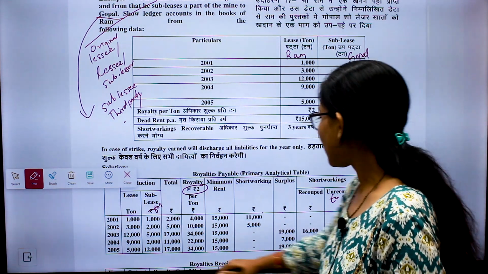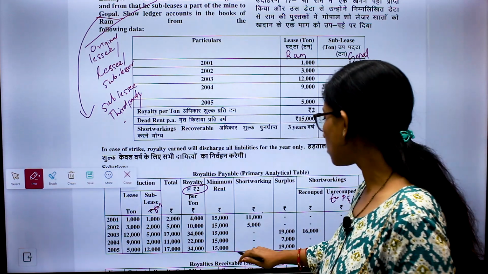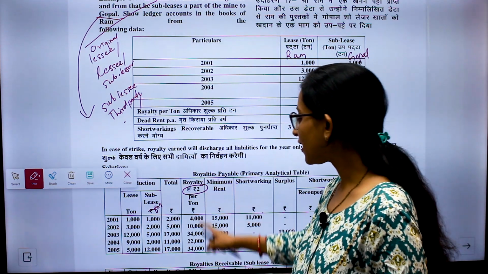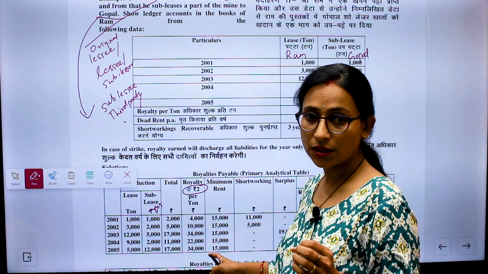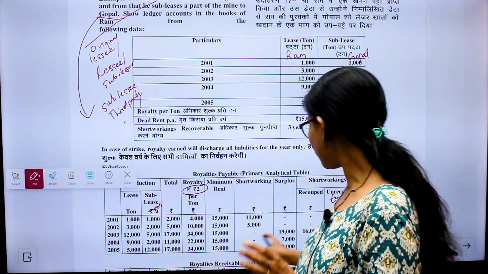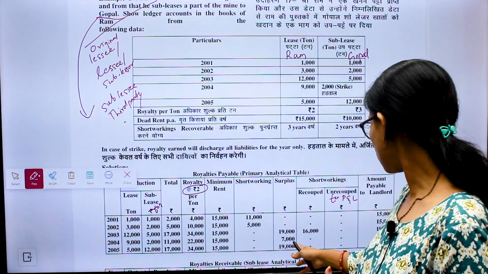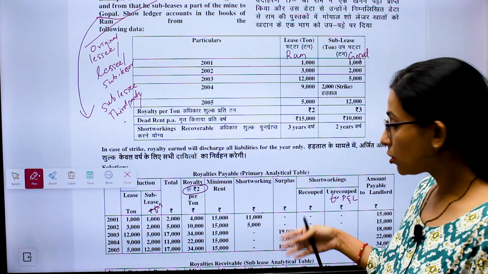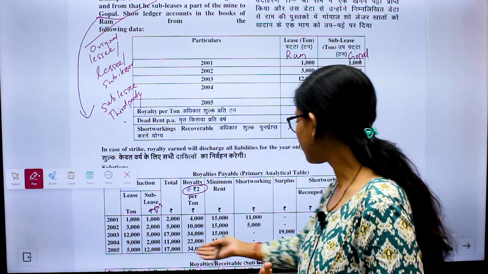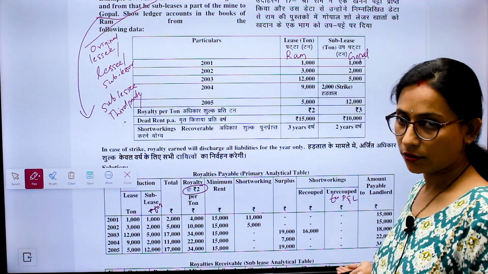Okay, and in the last year also there is a surplus, because we have earned 34,000 and the minimum rent is 15,000. The difference is 19,000. This is a surplus amount, but we don't have any short working remaining right now, so we will pay the full 34,000 to the landlord.